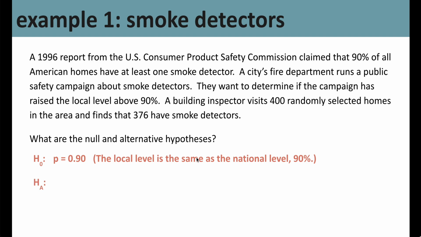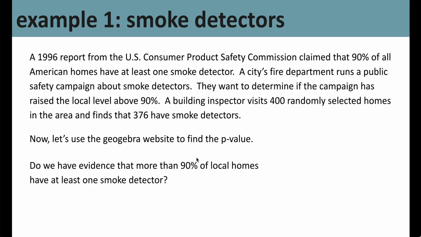Our alternate is what the city thinks might be true, what they're testing for, and they think that the level has risen, that it's gone above 90% since the public safety campaign. So they think that P is greater than 0.9, meaning the local level is more than the national level of 90%. So those are our hypothesis statements.